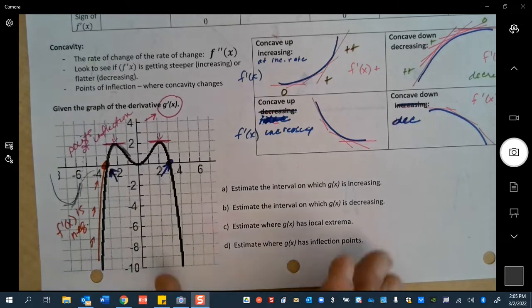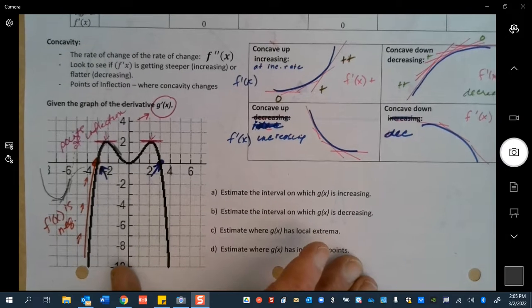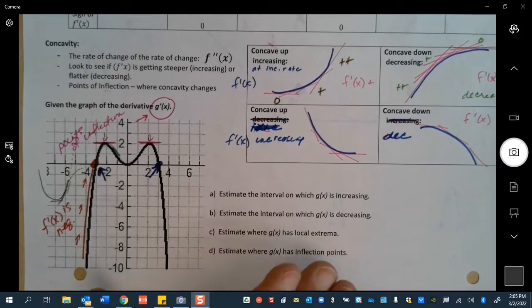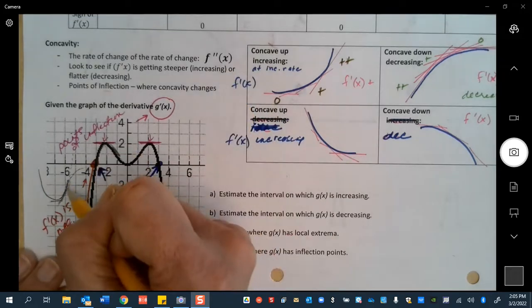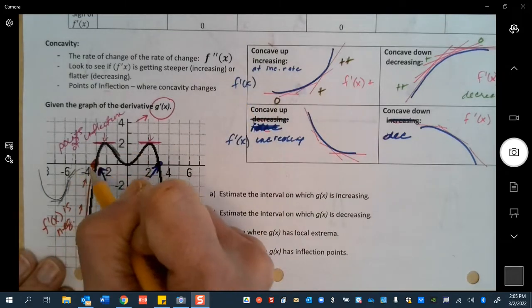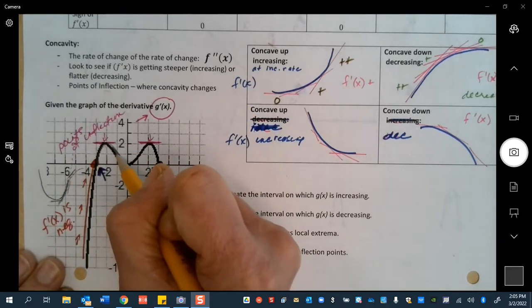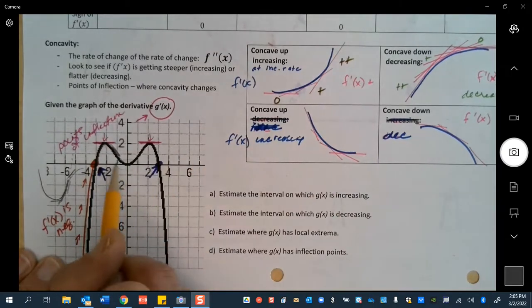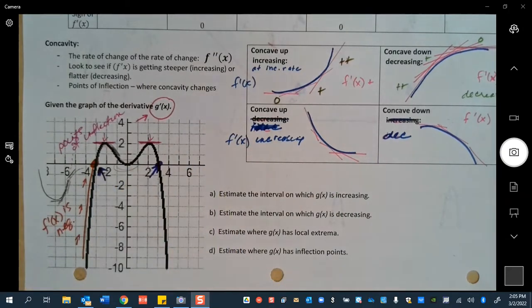My slope value is still positive, it's just not as positive. I still have a positive derivative. Now we want to talk about what's happening here. My derivative value never goes negative.